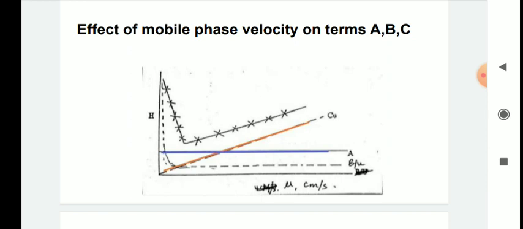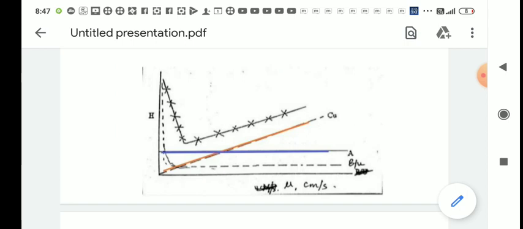The third term in the equation, Cu, is linearly proportional to velocity, so the Cu term increases if the velocity increases, and that is shown by the red line, the slanting upward red line. And the second term, B by u, will decrease as velocity increases.